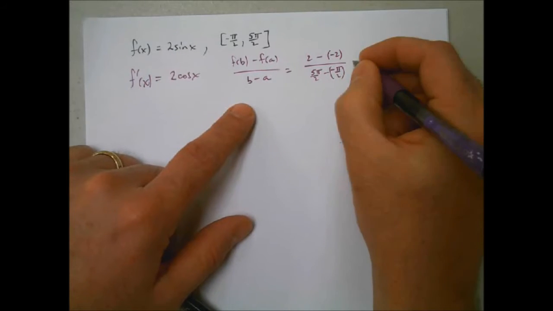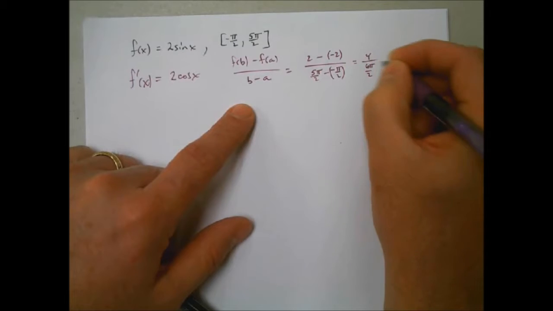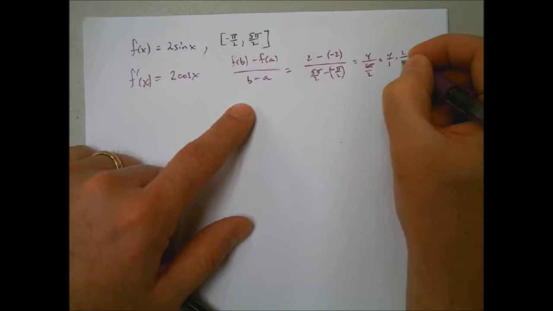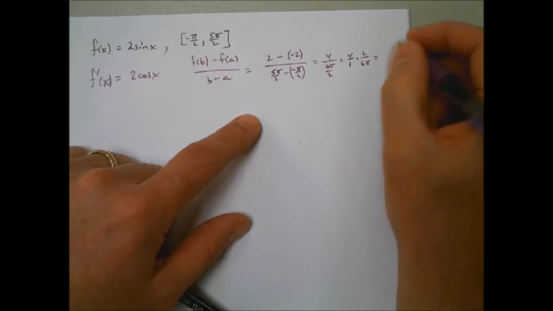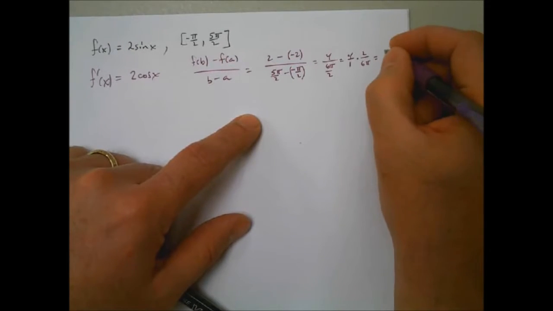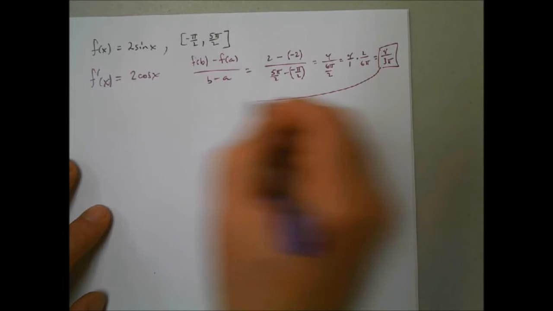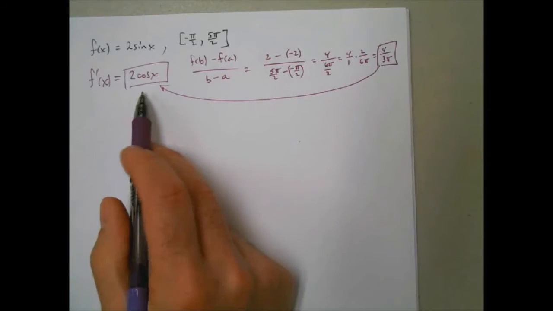Okay, so we get 4 over 6 pi over 2. In other words, 4 over 1 times 2 over 6 pi, which is 4 over 3 pi. Okay, so we're going to set that equal to the derivative. Now, if you want, you could go ahead and replace the x with a c.